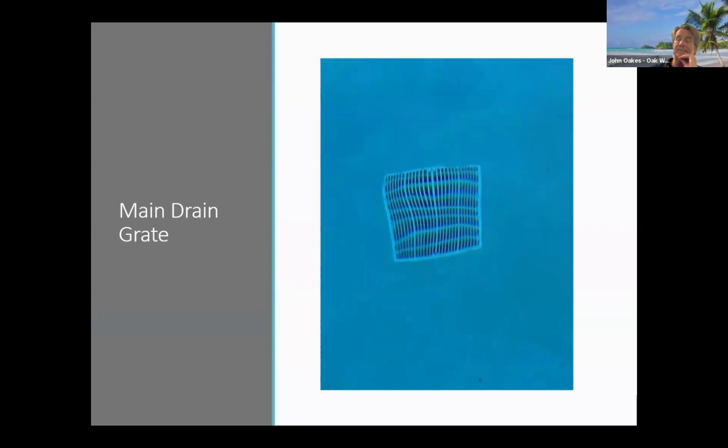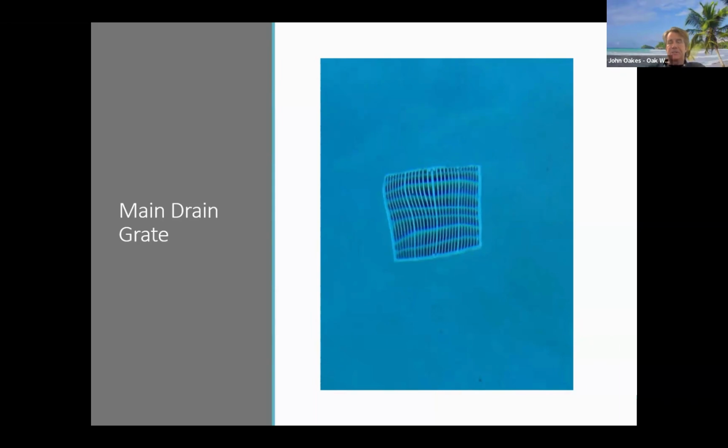The main drain. Main drain covers are something that are very strictly monitored by the Department of Health. The Department of Health has a record of the brand and size and the number of main drains in your swimming pool. There's also a manufacture date stamped on the edge of that. The code doesn't specifically say 7 years.